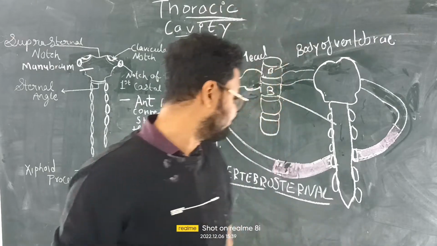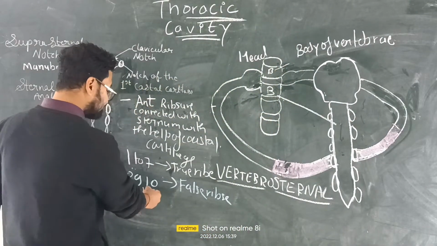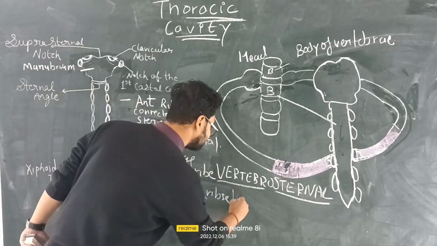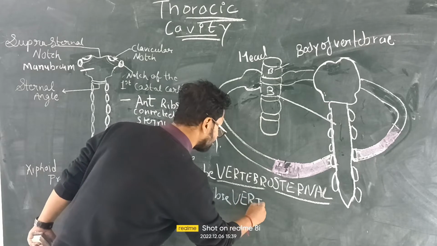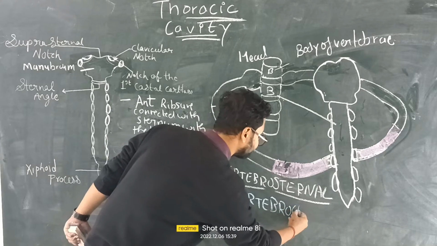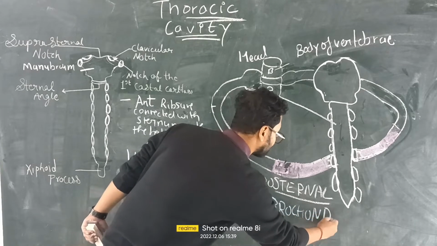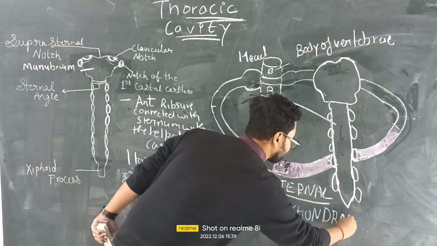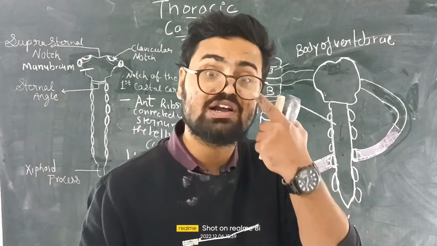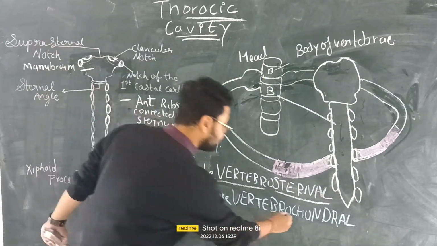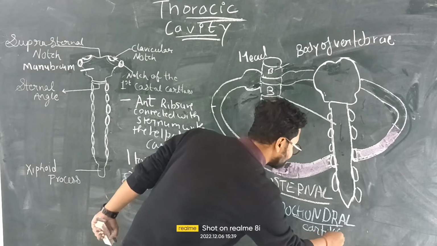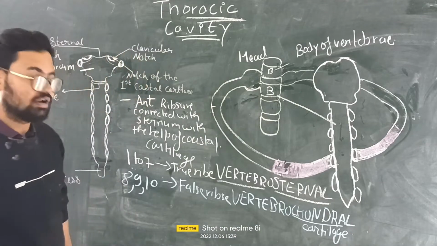So let me appreciate this, that the 8th, 9th and 10th are false ribs, but they are also termed as vertebrochondral ribs. Chondral means cartilage. So these are the vertebrochondral ribs.